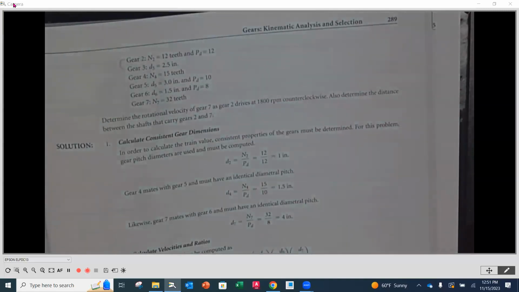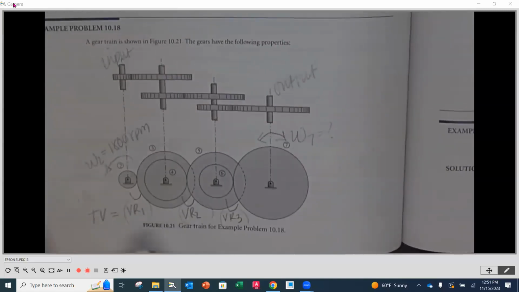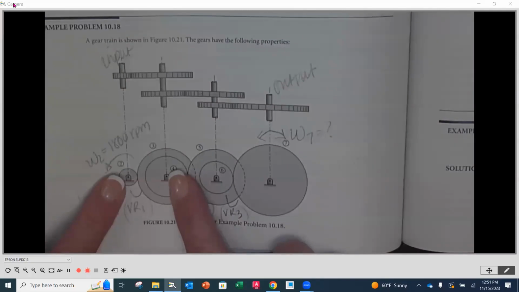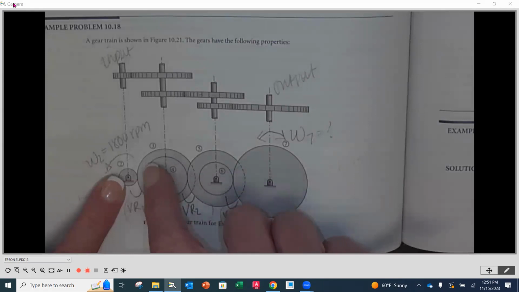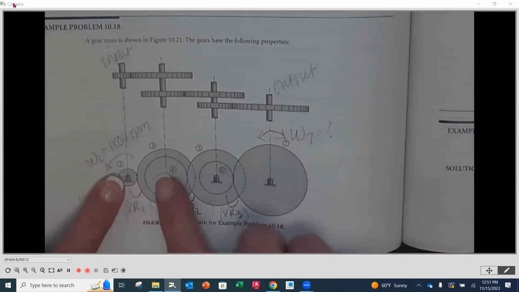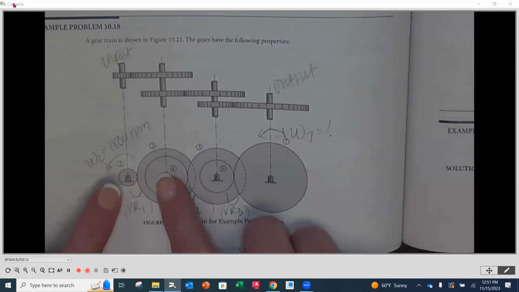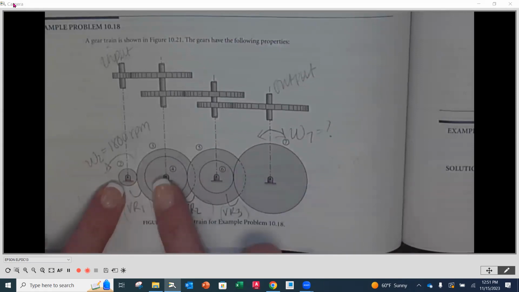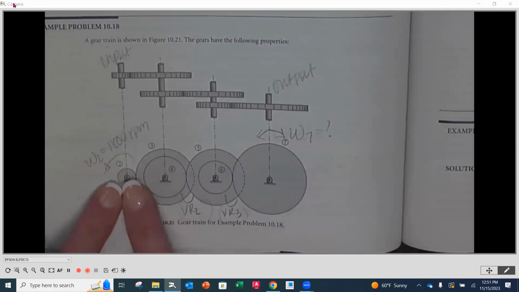So because we are going to be doing the center distance, notice how if I want to find the center distance between these two, it's going to be the radius and the radius. And I'm given the diameter for number 3 already, so I can figure out its radius easily. If I figure out the number of teeth for this one, I know that I have to find the center distance all the way over here.